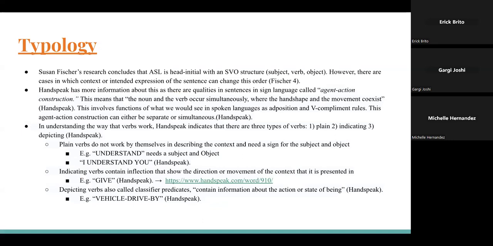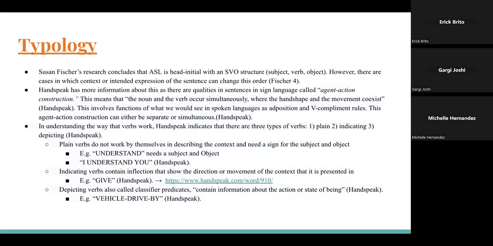So here we have information about the typology of ASL. Susan Fischer's research concludes that ASL is head initial with the SVO structure that we mentioned before, the subject, verb, object. But depending on context or intended expression of the sentence, this order can change depending on what you need to communicate. Hansen Speak has more information about this.